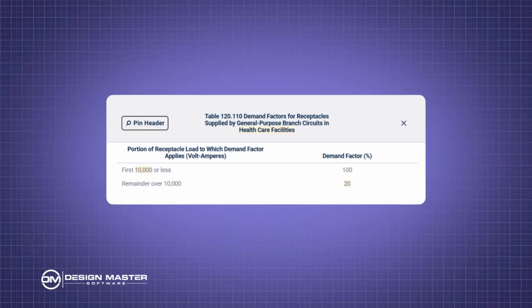Then in 2026, they moved everything from 220 to 120, but it's now 120.110. They dropped the references to categories of patient care spaces and instead split the receptacles into general purpose receptacles in healthcare facilities and patient care related electrical equipment. General purpose receptacles are table 120.110, and it's 100% of the first 10 kVA and then 20% of everything after that.